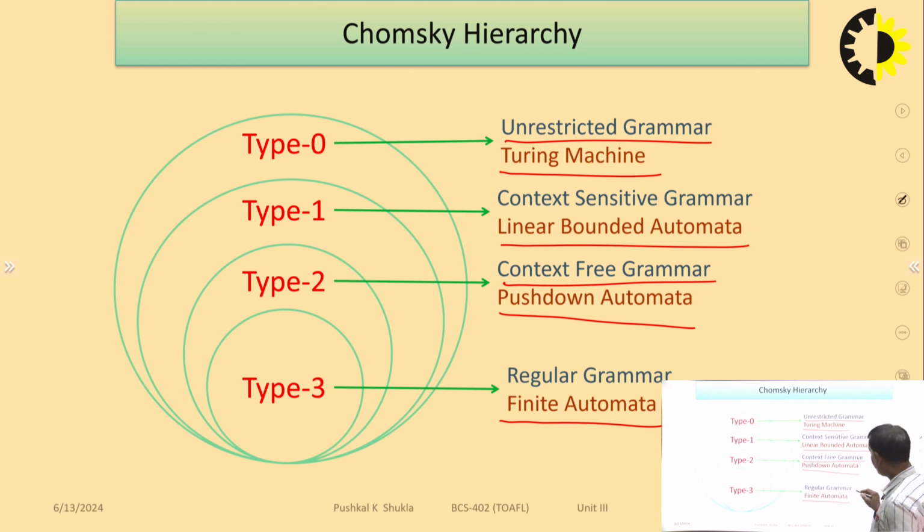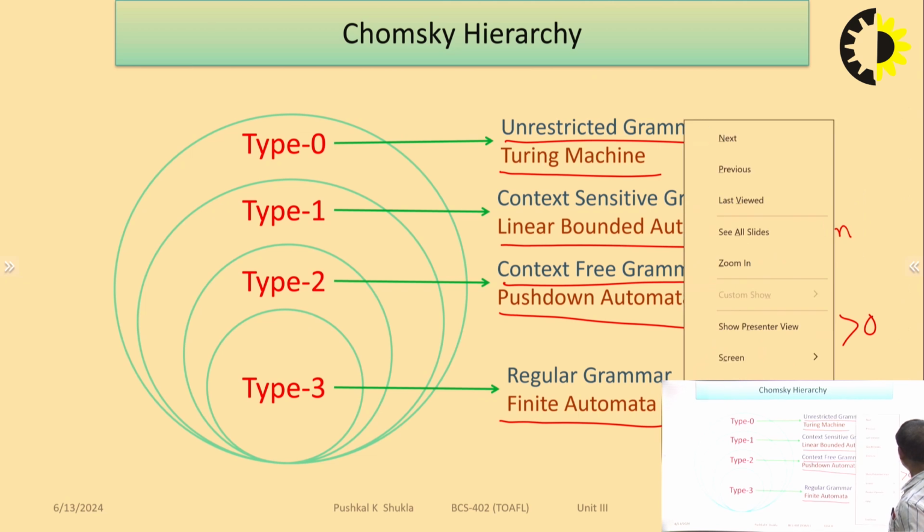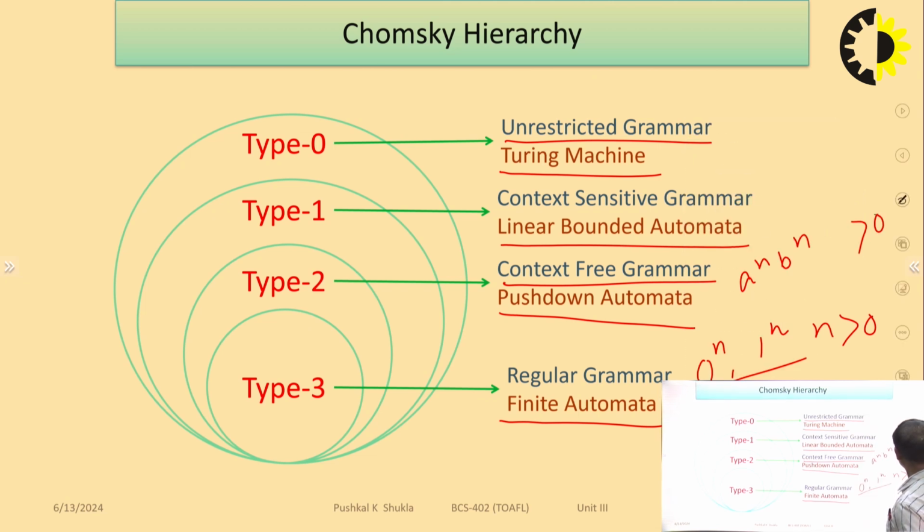Like regular grammar, for example 0 to the power n, 1 to the power n, for n greater than or equal to 0. This type of language is accepted by finite automata. Pushdown automata accept context free languages, like a to the power n, b to the power n, where n is greater than or equal to 0.